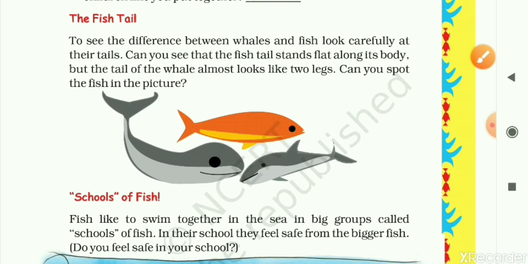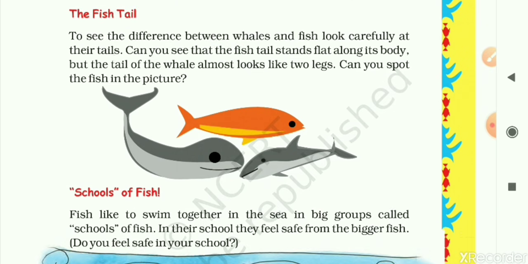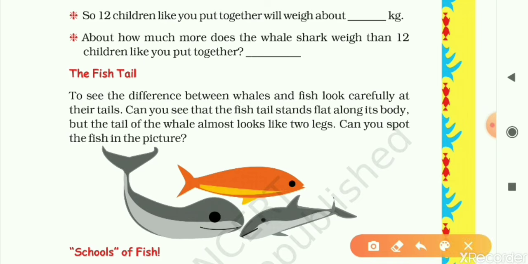Now first of all let's have an overview of today's chapter, that what things we will read today. So we will read the fish tail, then schools of fish, you can see here, and at last fishermen in their boats. Okay, so let's start from the fish tail.